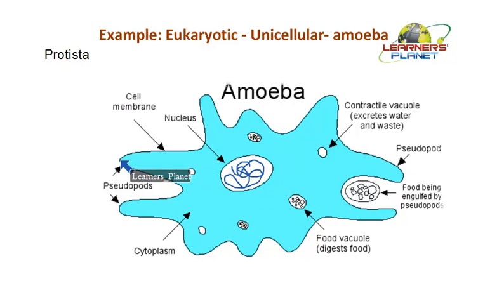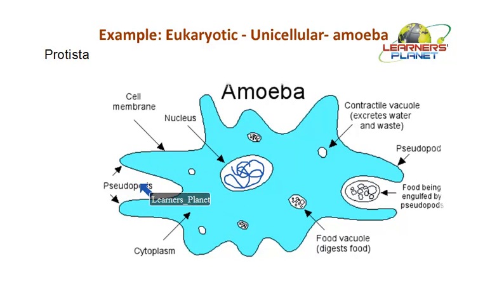Besides, there are the other parts here now. They are the cell membrane, which is highly flexible in the case of amoeba. And since it is highly flexible, it is able to change its shape. It has an irregular shape, irregular as well as changeable. It can change according to the surrounding conditions.